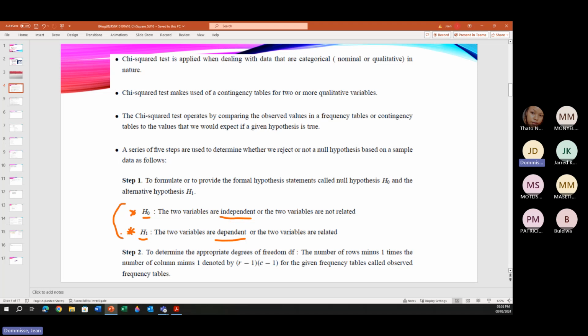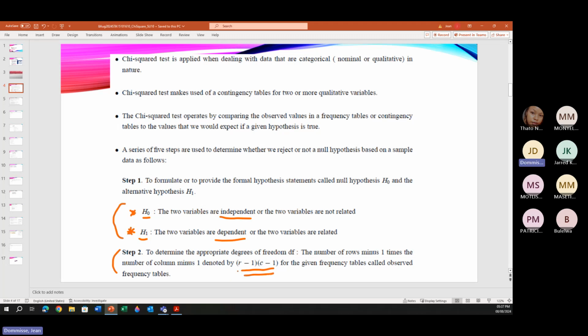Okay, then one difference between the t-test and the chi-square. Remember, in the t-test, we also do degrees of freedom. In this one, the degrees of freedom is calculated a bit differently.